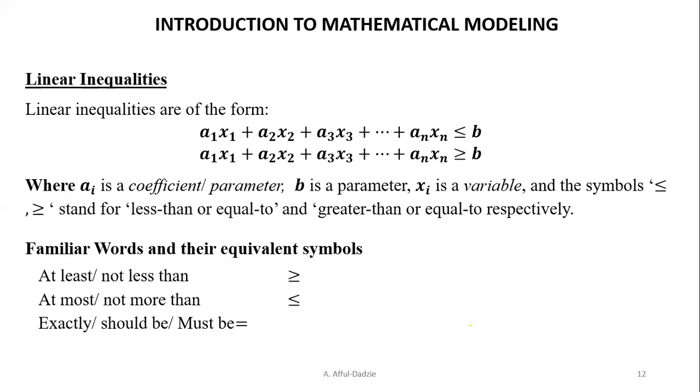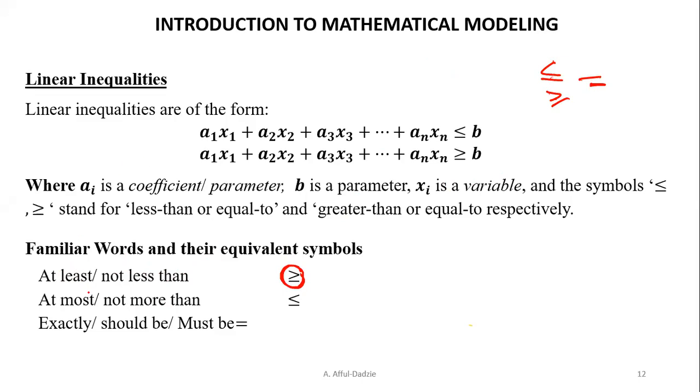All right, so let's get into linear inequalities, where we actually apply the inequalities. Inequalities come in the form of greater than, or less than, or equal to. Oftentimes when you read business problems and you find words like at least or not less than, the problem is talking about something greater than or equal to.